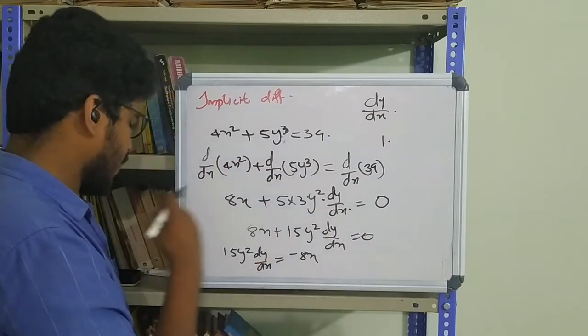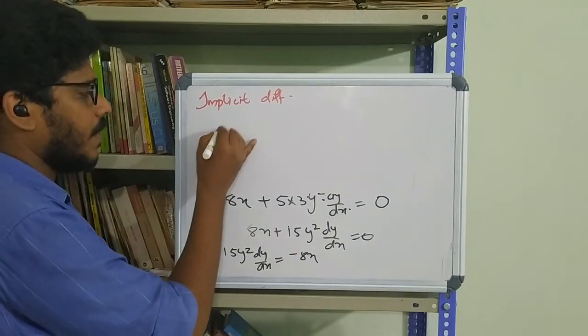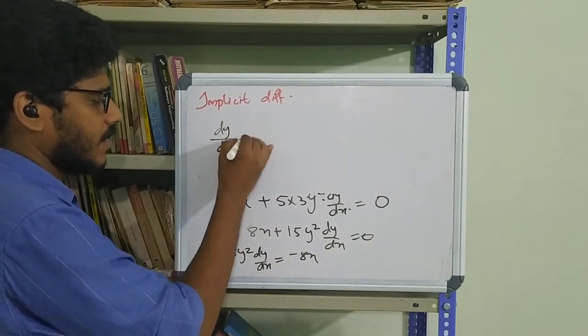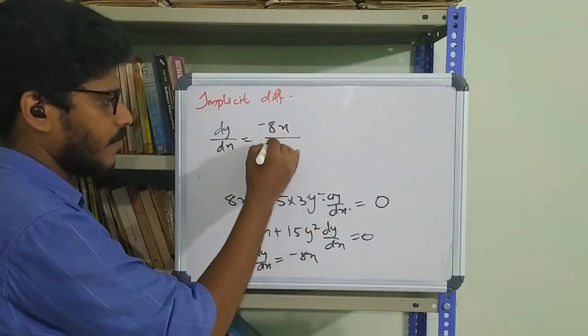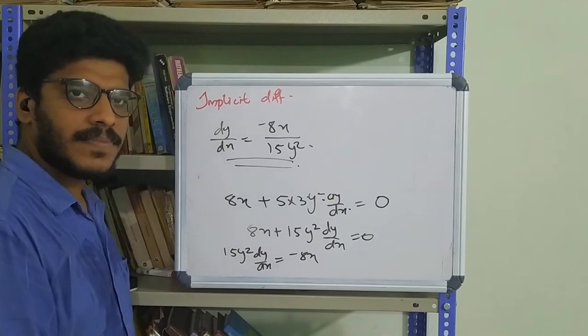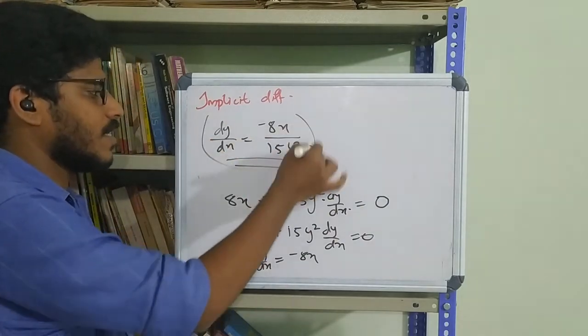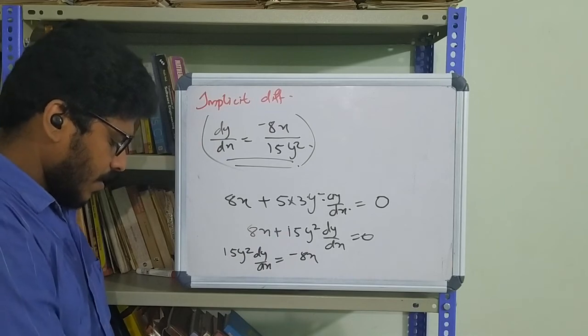So dy by dx is equal to minus 8x divided by 15y square. Right. So we found the dy by dx, the derivative of y with respect to x.